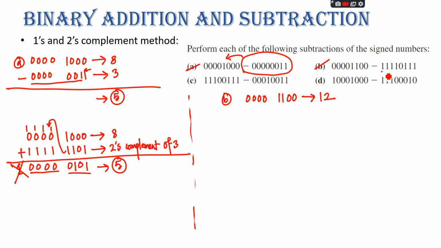And the last number that needs to be subtracted, what is that number? 1111, then 0111. What is this number? 7.